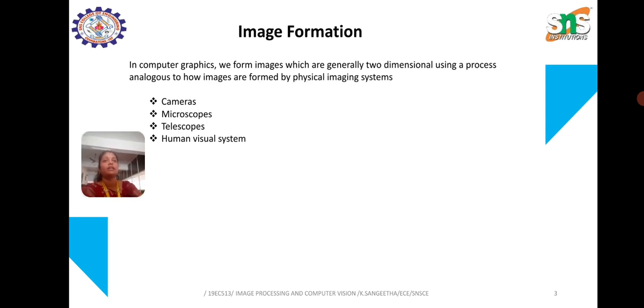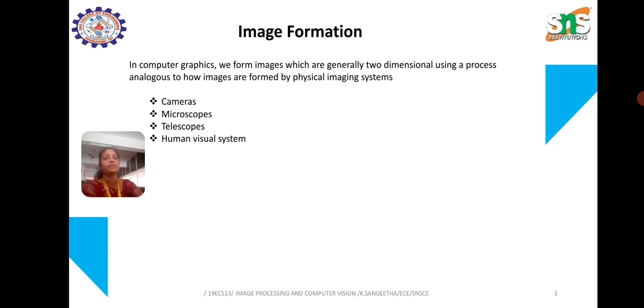And the image formation, that is cameras, microscopes, telescopes and human visual systems. It captures light that interacts with objects. The image sensor records light intensity and pre-processes it, that is noise removal and contrast adjustment.